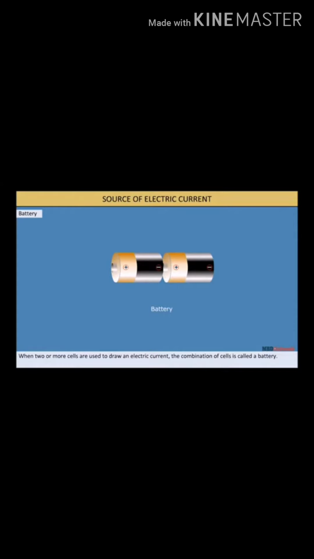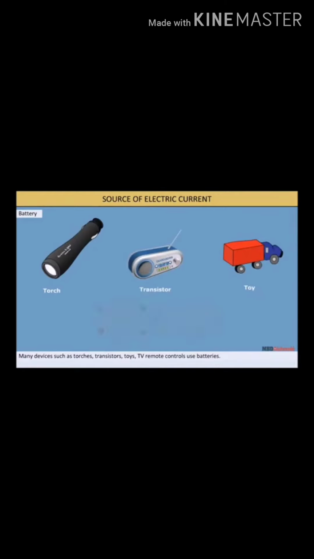You might have seen on battery there is plus and minus sign on both sides. These two signs indicate positive terminal and negative terminal of that battery. Many devices such as torches, transistors, toys, TV remote control, they use batteries.